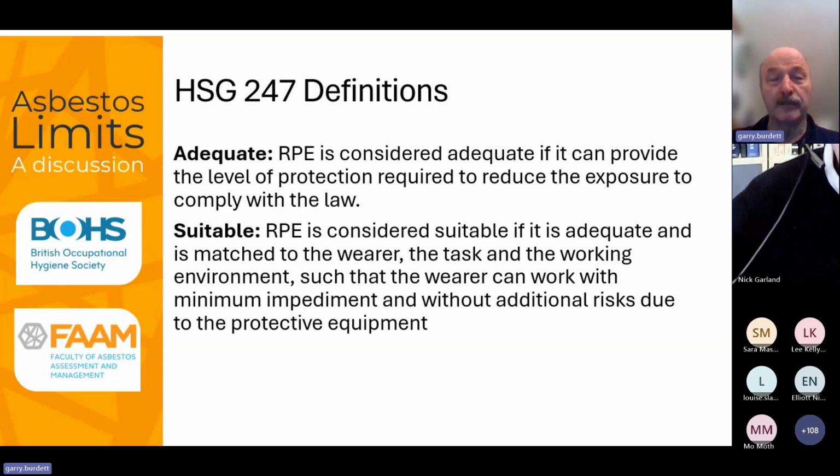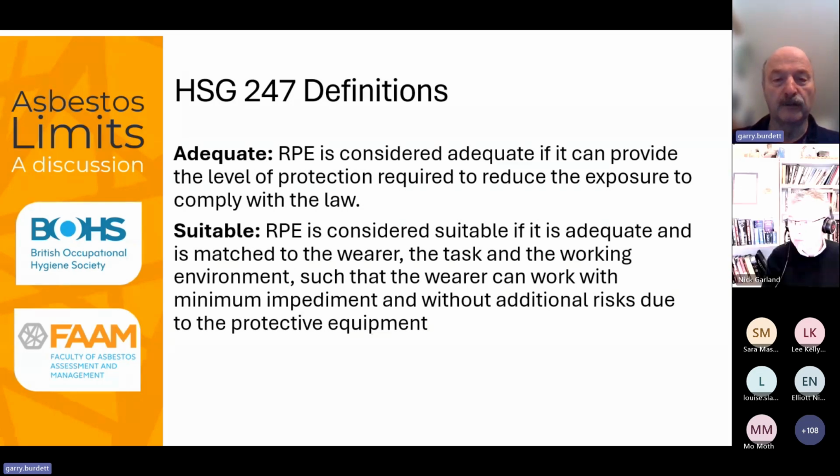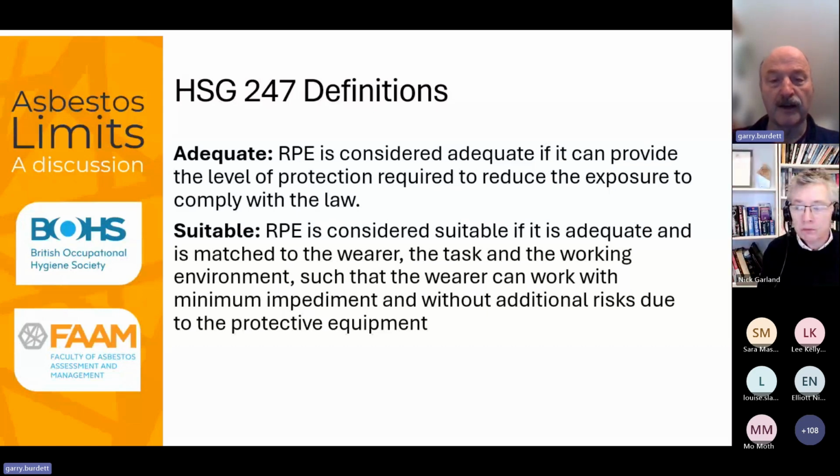But suitable is important. Why don't we give everybody air hoses, 2000 protection? It's because they get tangled up, people trip and fall. So you're allowed to adjust the respirator, what you're given, to the task at hand. Now, sometimes you may need airlines, but not always.